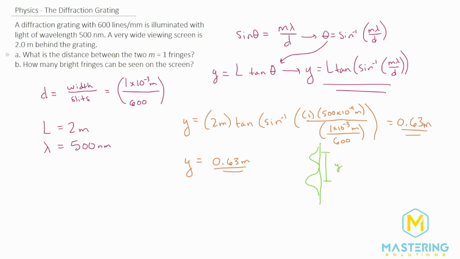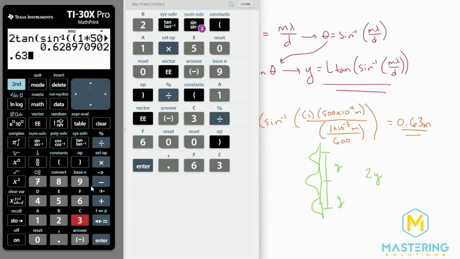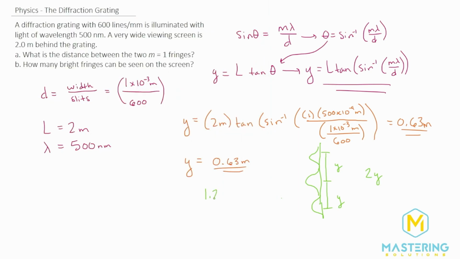They asked for the distance between the first two m equals 1 fringes. The other m equals 1 fringe is down here, so the distance between those is 2 times y. Taking 0.63 times 2, we get 1.26, rounded to 1.3 meters. That is the answer for part A.